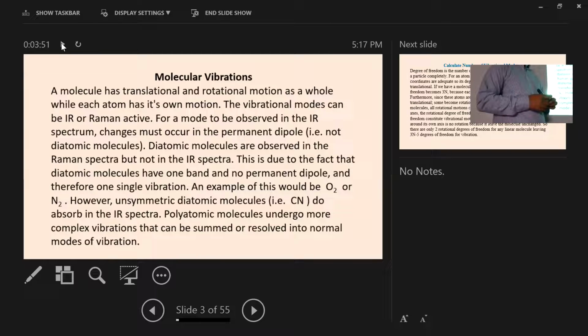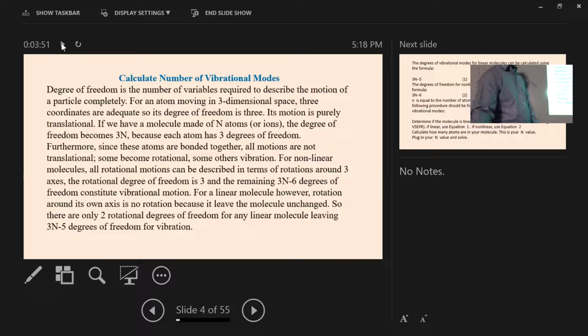For any molecule, all the atoms are continuously in movement. I have very good software so that you can easily find out what types of vibration we are showing. For any molecule, we can calculate the maximum number of vibrational modes.